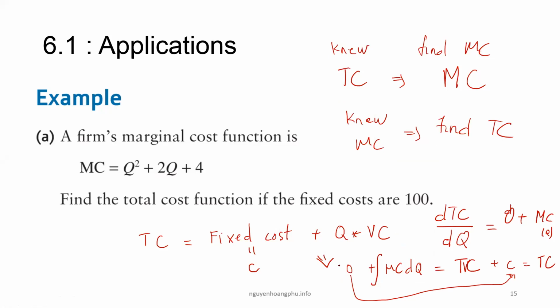If we take this fixed cost, I think it's better to say it in this way: fixed cost, or C, plus the integration of MC dQ.